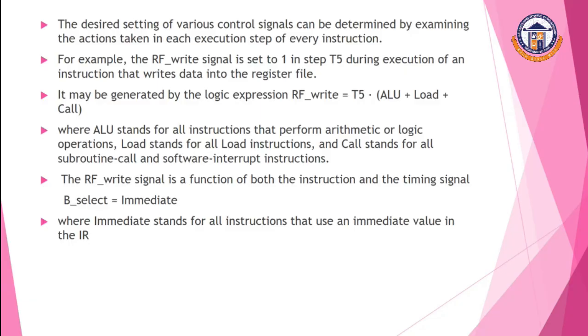T5 will be enabled. While enabling this T5, we have to consider all the other units also, whether the write may be in an ALU, or it may be a load, or it may be in the memory. So we have to consider T5 dot ALU plus load plus.